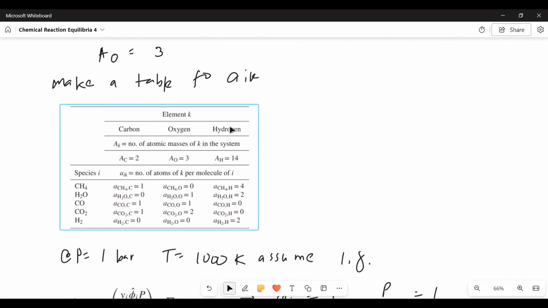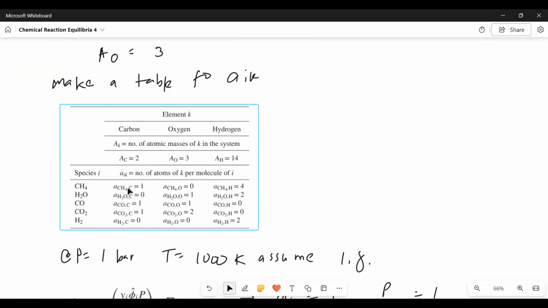On the first row, we have the elements k: carbon, oxygen, and hydrogen. And on the first column, we have the species: methane, water, carbon monoxide, carbon dioxide, and hydrogen. I also wrote here the capital letter A sub k for each of the elements. For each of the species, we count the number of atoms of k per molecule of species i. For example, for methane, under the column of carbon, it only has 1 carbon.